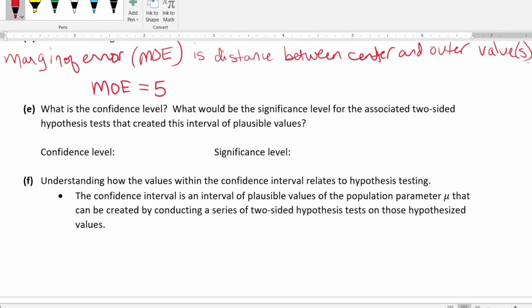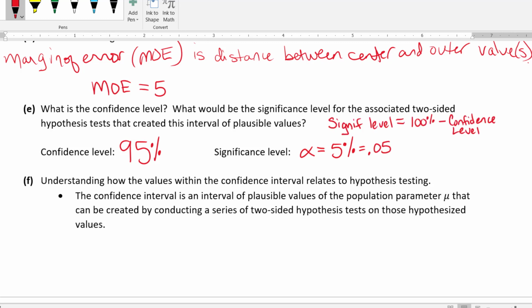Now, how does that relate to the significance level alpha? Well, the significance level alpha would be 5% or 0.05. To find the significance level, you can always take 100% minus the confidence level, or vice versa. The confidence level is 100% minus the significance level. When you add these two together, confidence level and significance level, you should get 100%.